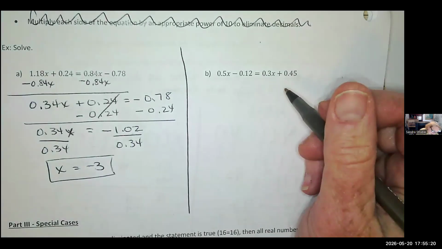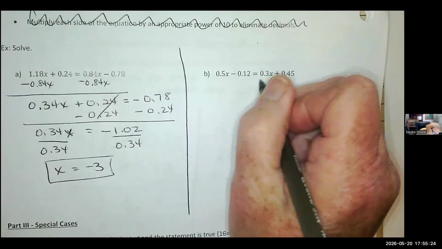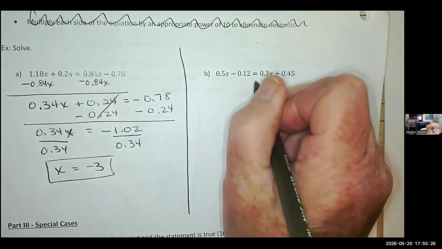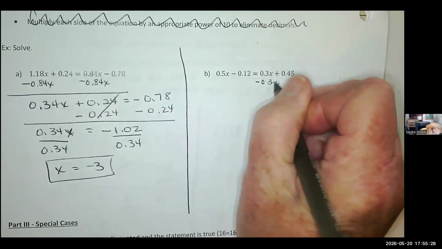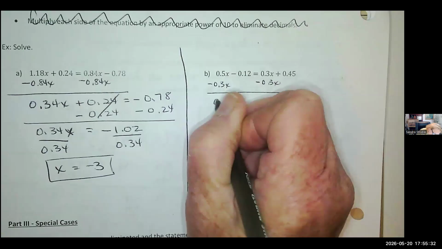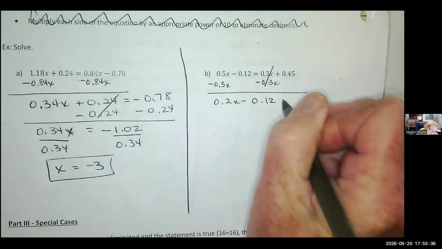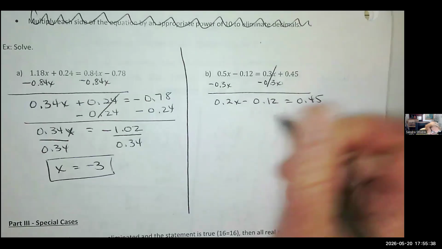I'm going to start by bringing my 0.3x to the other side. It's positive, so I need to subtract it. Becomes 0.2x. Bring down everything else. Gone. And then I need to move my 0.12 to the other side. It's currently negative, so I need to add it to get rid of it.